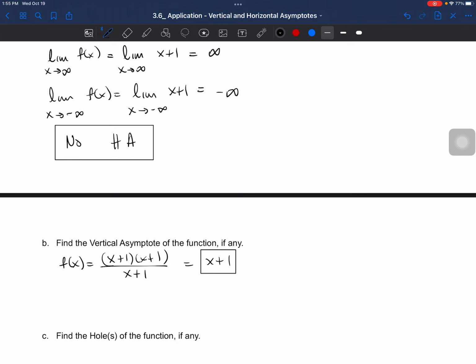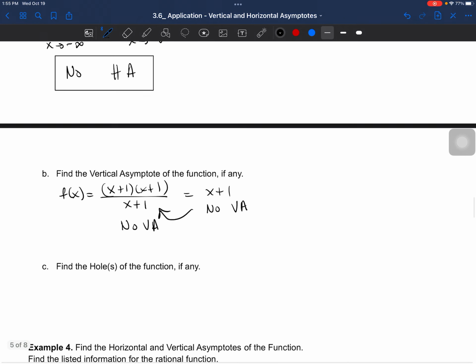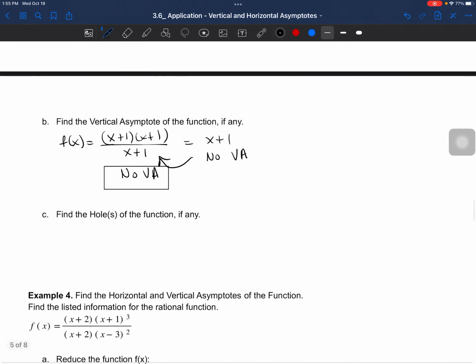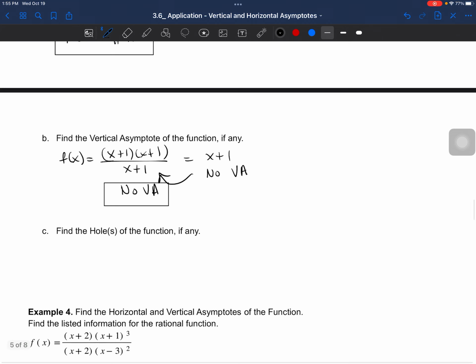What we know here is that x plus 1 does not have a vertical asymptote. It's just a polynomial, so nothing makes it undefined. Therefore, this has no vertical asymptote, which implies the original has no vertical asymptote either.